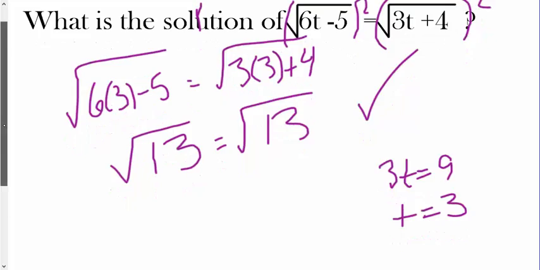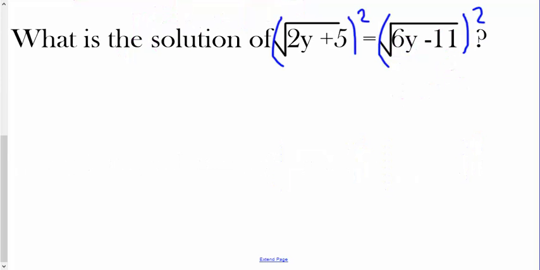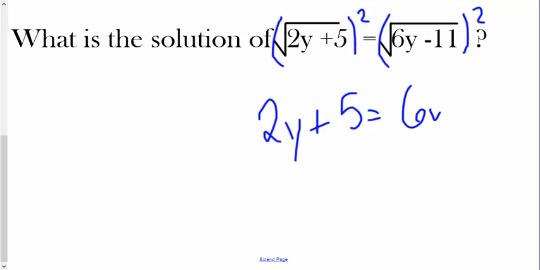All right, let's try one more before we let you try some yourself. So my first move here is square both of the sides. Again, because I have those radicals on both sides, my first move is to square both sides. So that will give me 2y plus 5 equals 6y minus 11.